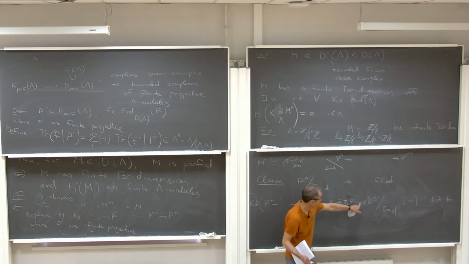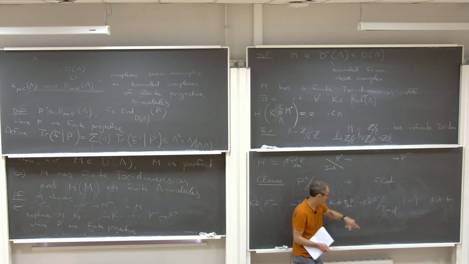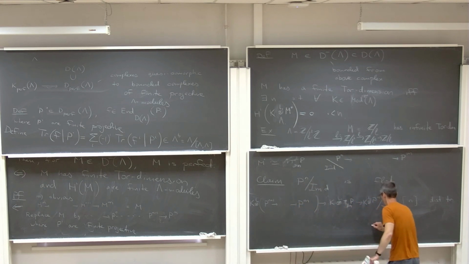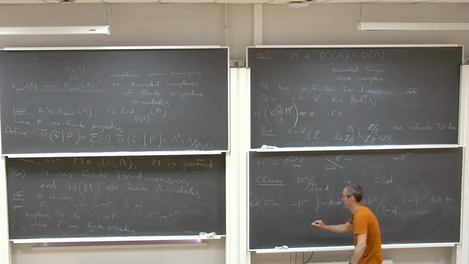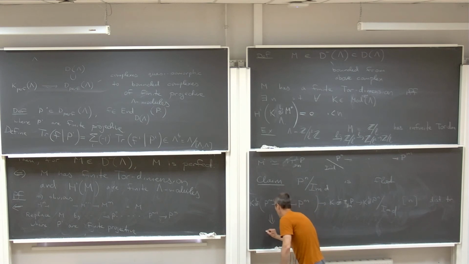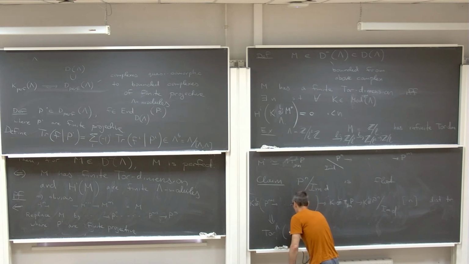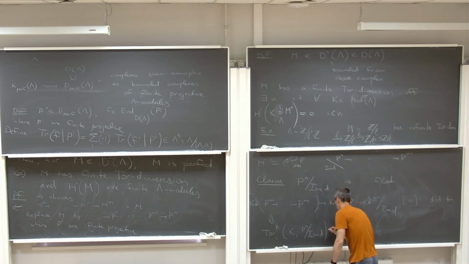We want to show that this Tor, so I will write Tor_i over lambda of K and Pn modulo the image of D, these all Tors are equal to 0 when i is greater than 0.